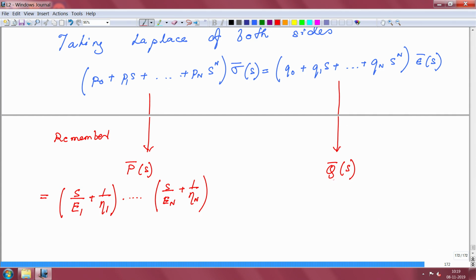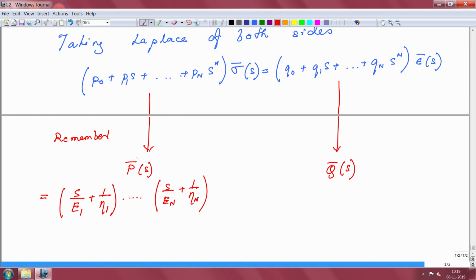On the right hand side, this is the Laplacian of the polynomial q bar. This polynomial may or may not be easily factorable, but it is still a polynomial, so it will have a number of roots. Whether or not it is easy to find the roots is a different question.